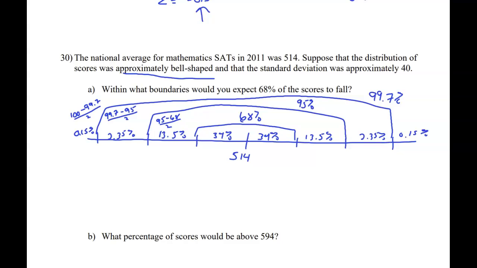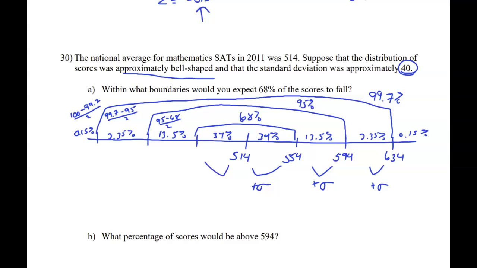To get this value right here, I'm going to take 514 plus 40, because that's my standard deviation. So 514 plus 40 is 554. Then I'm going to add 40 more, and I'm going to add 40 more. So between each of these, I'm going to add the standard deviation, is what's happening.